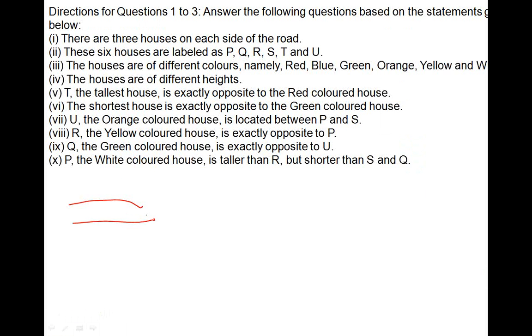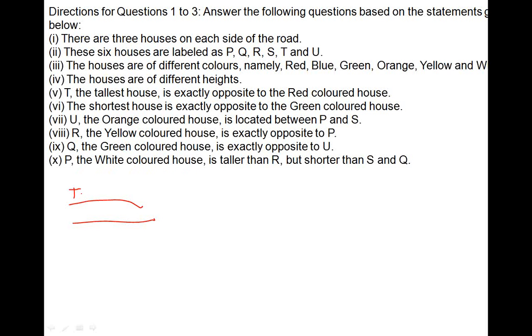roads are never straight, so if this is the road, T is the tallest house, exactly opposite to the red colored house. So you can assume that T is here. There are three sets of variables, so every position will have three letters.